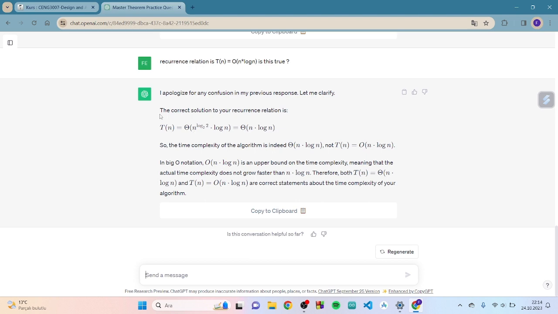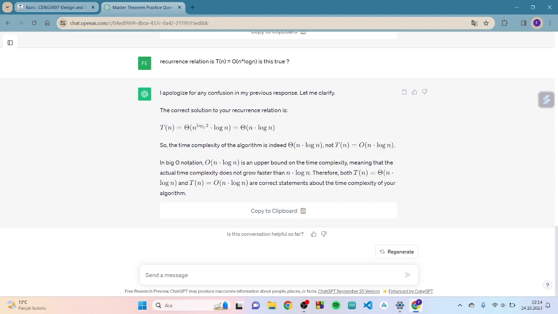Actually, it's true, because the correct solution of the recurrence relation is O(n log n), so the time complexity of the algorithm is O(n log n).